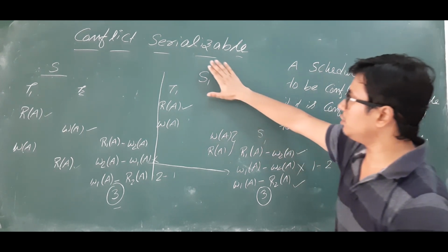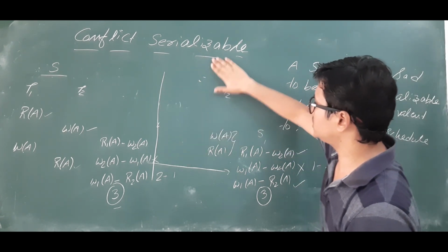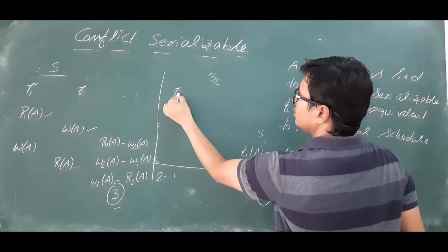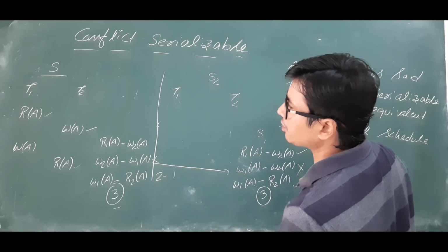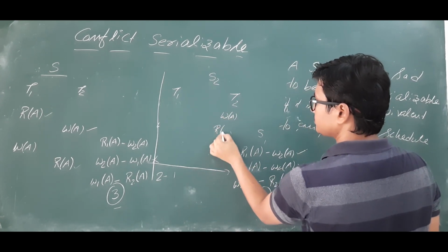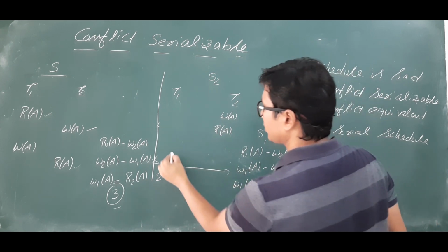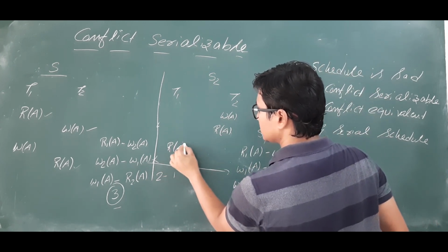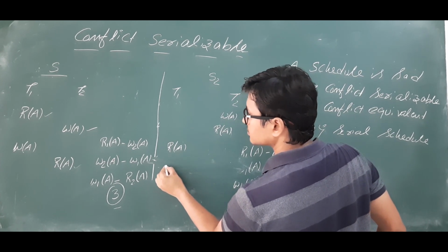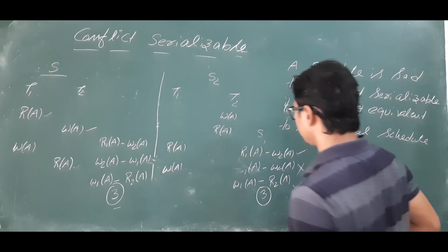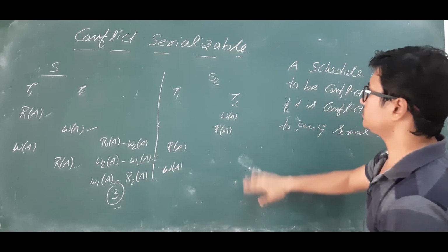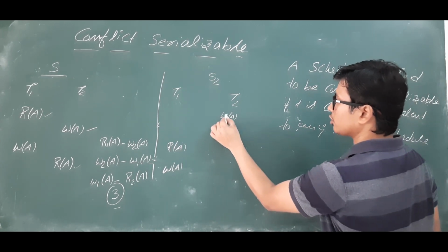Okay, so now we will see another possible serial schedule, S2, for the given schedule S, where we perform all the operations of transaction 2, then the operations of transaction 1. So we can erase these conflict operations. Now we will find the conflict operations.